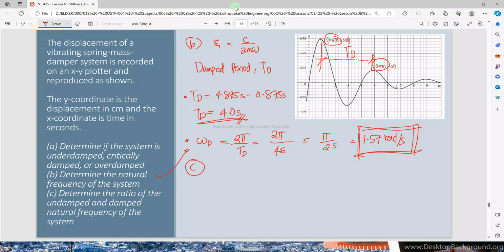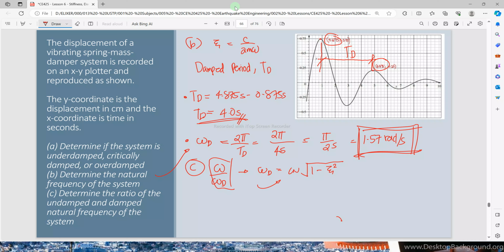And for C, the ratio of the undamped to the damped. So determine the ratio. So what is the ratio? If you remember, the damped natural frequency is equal to the natural frequency times square root of 1 minus the damping ratio squared. Since you're asked to find this one, it goes straight.